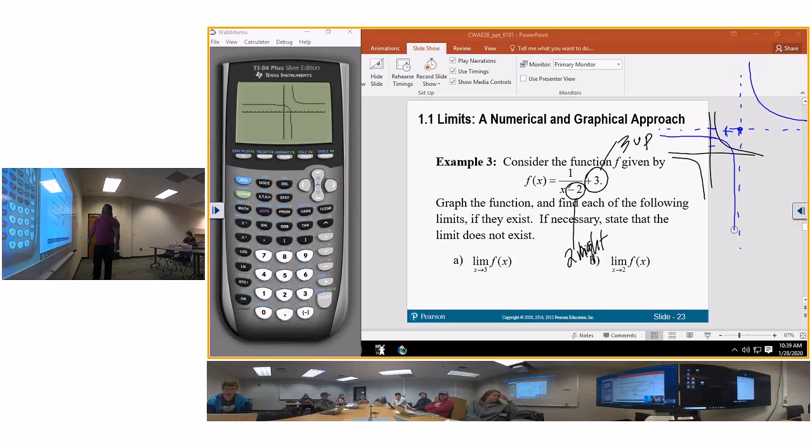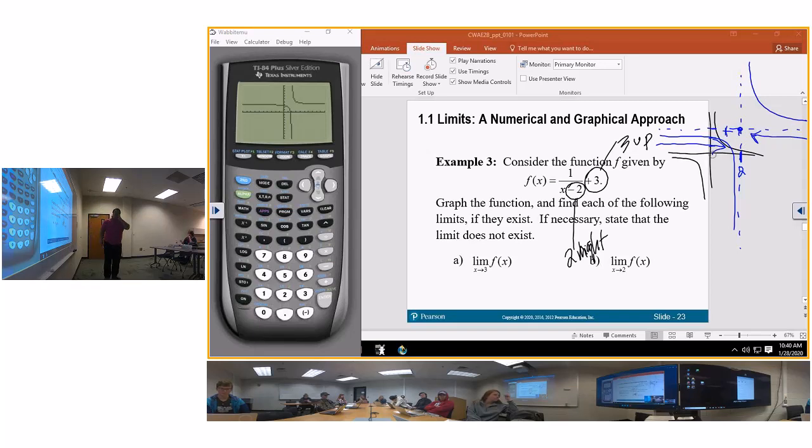So, as x approaches what number? What's that number right there? 2, Hubert. As x approaches 2 from the right, what is my limit? Does not exist. As x approaches 2 from the left, what is my limit?